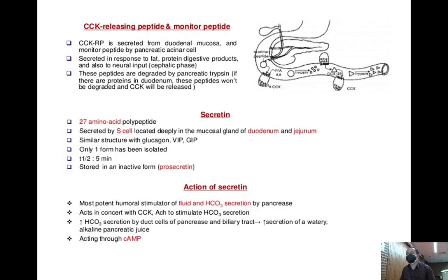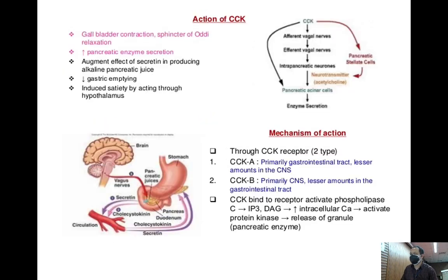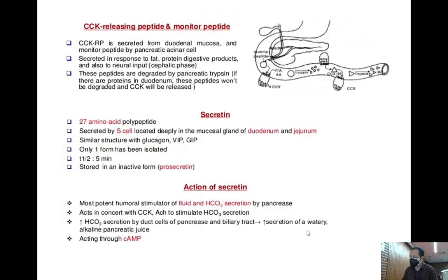Now this is a mechanism that you see occurring for peptide hormones. Steroid hormones would not bind to receptors on the membrane. They would directly diffuse through the cell membrane and then act on receptors present in the cytosol. But this action itself says that this is a peptide hormone.